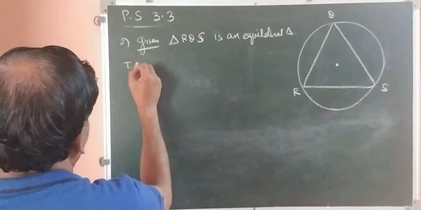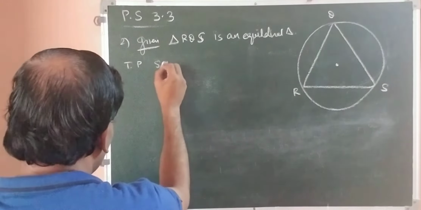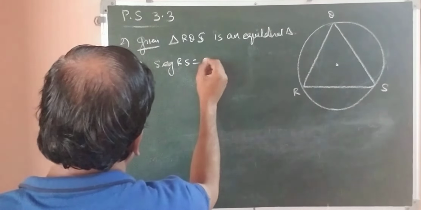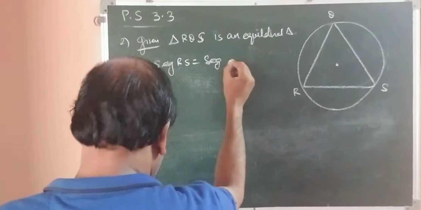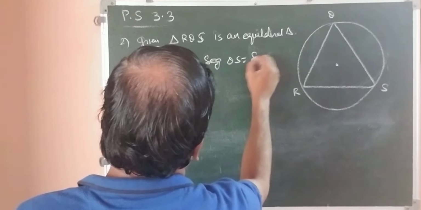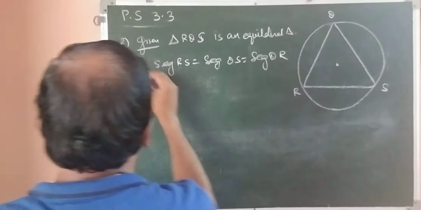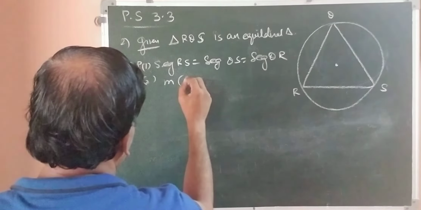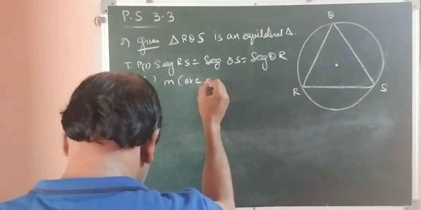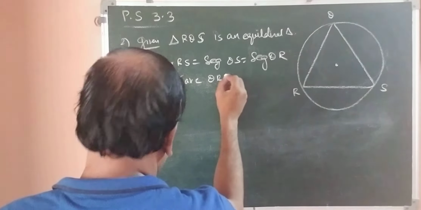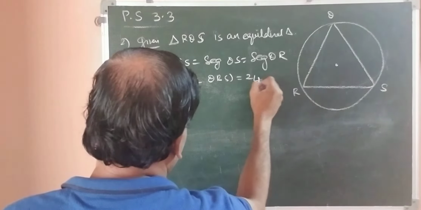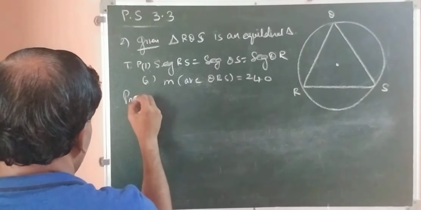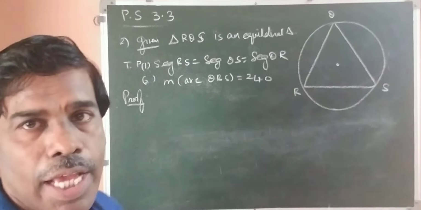To prove segment RS equals segment QS equals segment QR, and measure of arc QRS equals 240. Now I will explain to you.